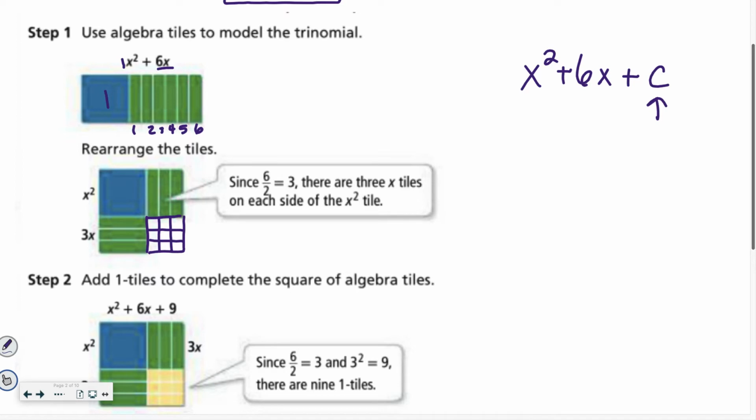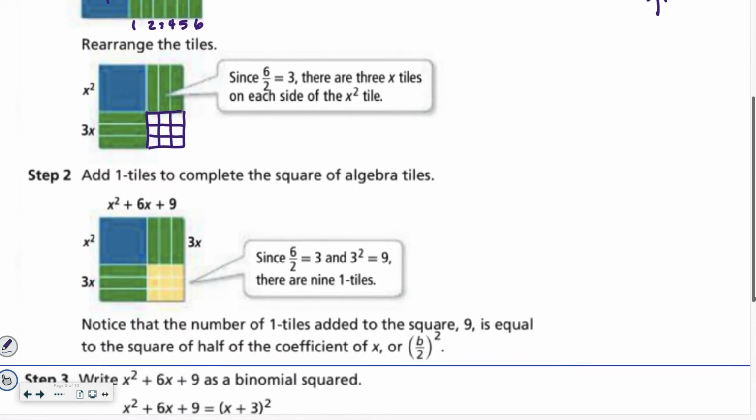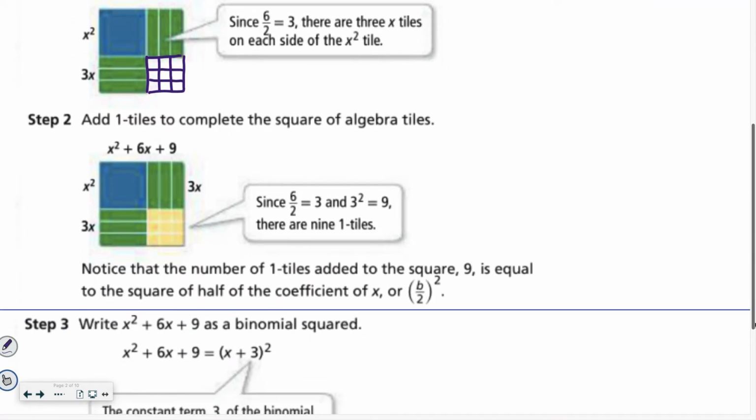If I were to draw lines where each of those algebra tiles are and continue them, it would look like that grid. And that grid forms 9 small squares. So that's the visual representation of completing the square. It's figuring out what you have to add to an expression to make it a perfect square.